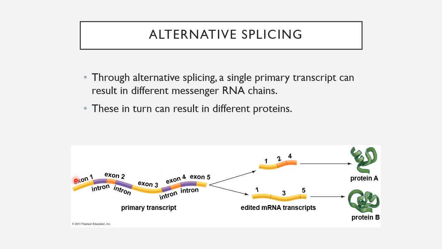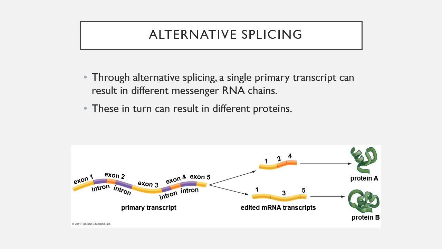In the example on the top, exons 1, 2, and 4 are spliced out and put together, and it makes protein A. In another example, the code might get read and exons 1, 3, and 5 might be used and spliced back together, and then you would get protein B. So you can keep different combinations of introns and exons and make different proteins based on those different segments.